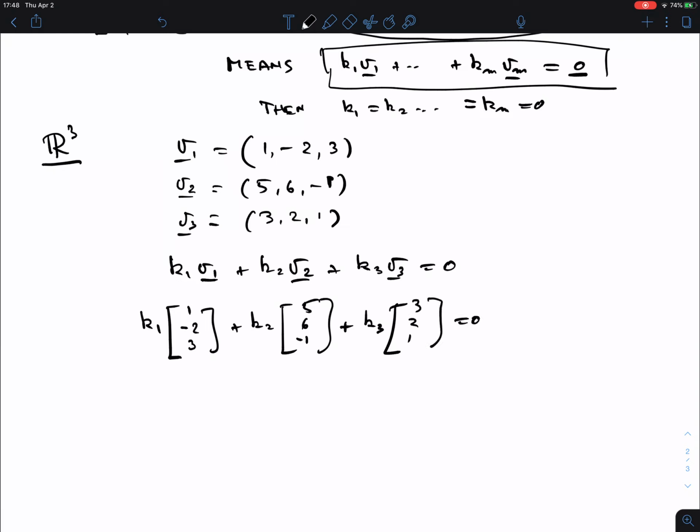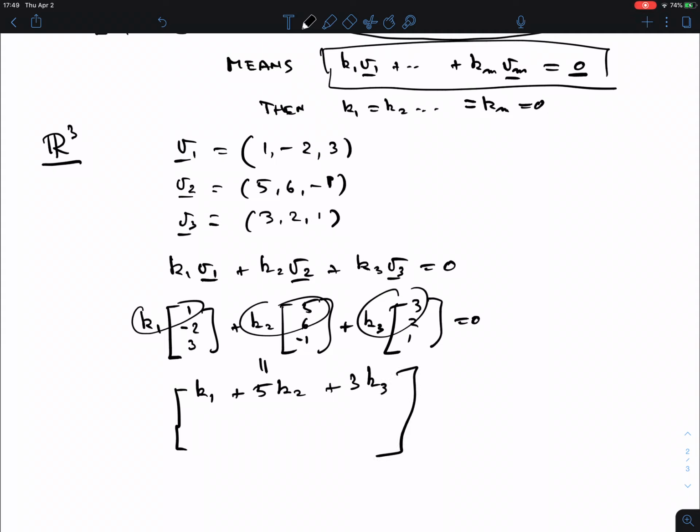Let's write out what this linear combination means, now in columns. The first entry is k1 plus 5 times k2 plus 3 times k3, then the next is minus 2k1 plus 6 times k2 plus 2 times k3, and the last is 3 times k1 minus k2 plus k3. And we are saying that this has to be the zero vector, that's 0, 0, 0.